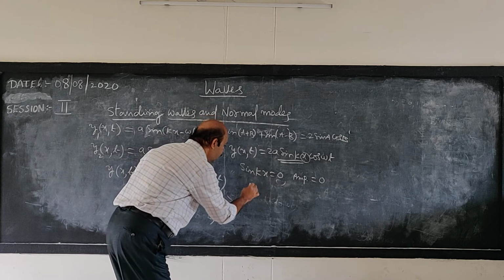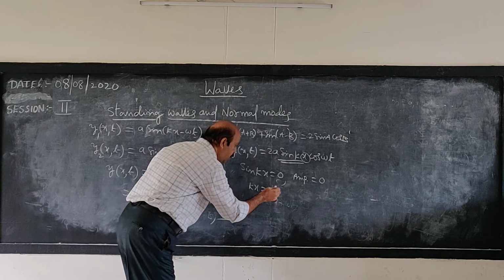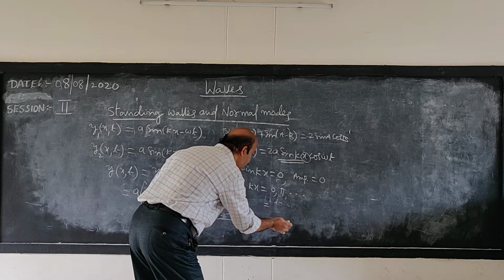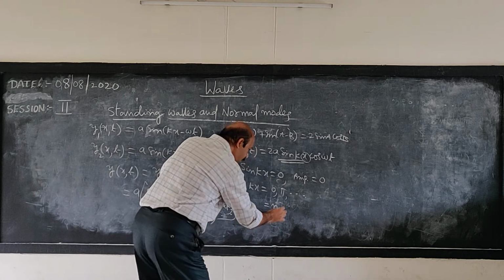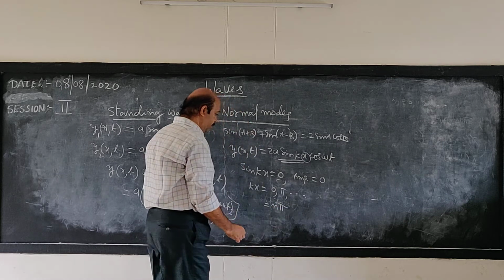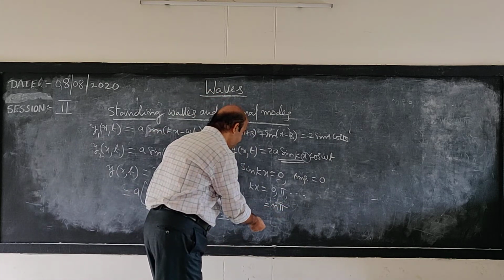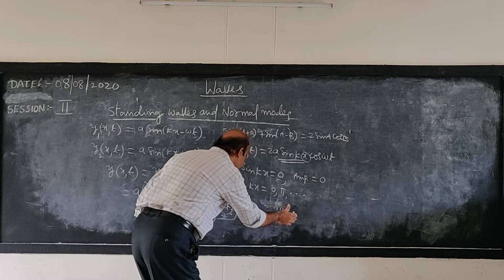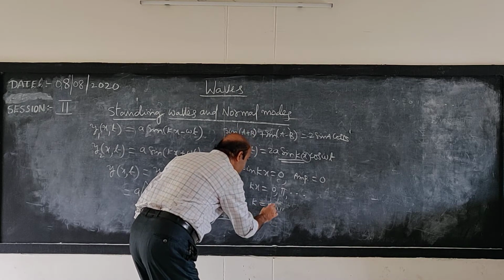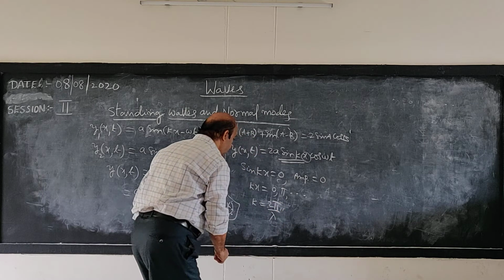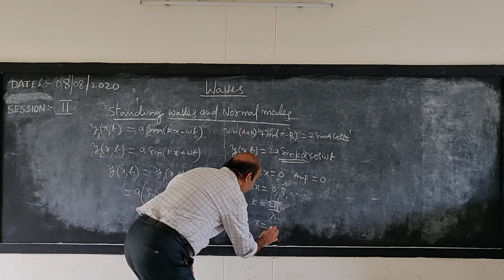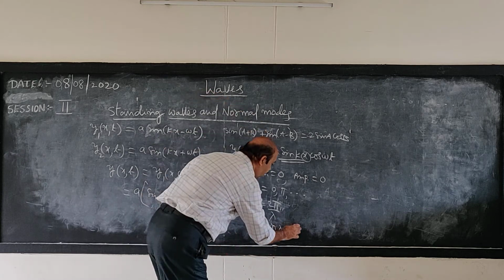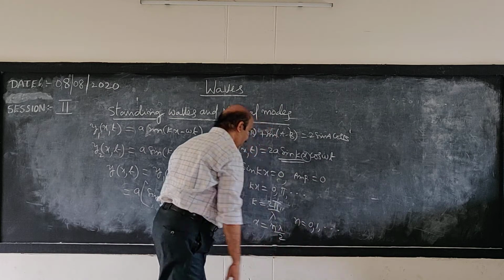For this condition, kx must take values 0, π, and so on. So we can write kx equal to nπ. Directly in terms of wavelength, since k is equal to 2π by λ, x can be taken as nλ/2, where n stands for 0, 1, 2, and so on.